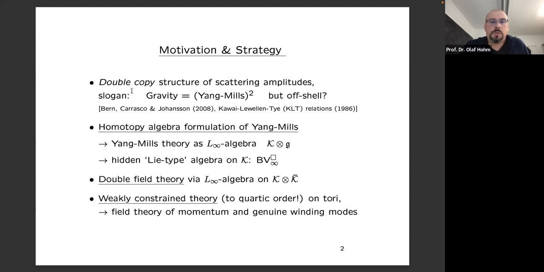There's a certain procedure to take a Yang-Mills scattering amplitude, strip off color factors, rewrite the amplitude in a suitable form, and then you can double copy them, take two copies of that object and build a gravity scattering amplitude. That has an origin in string theory, where it's known under the name KLT relations, and was brought to the field theory form by Bern, Carrasco, and Johansson in 2008.